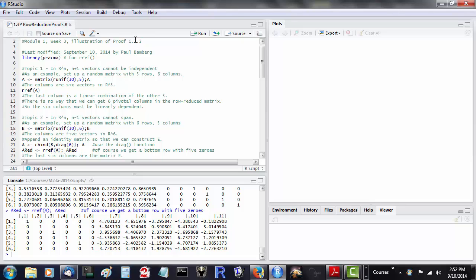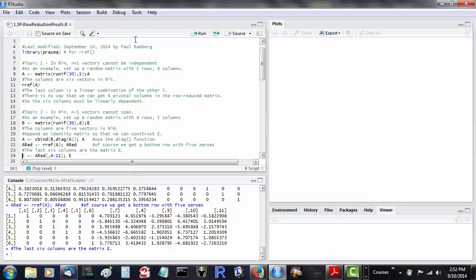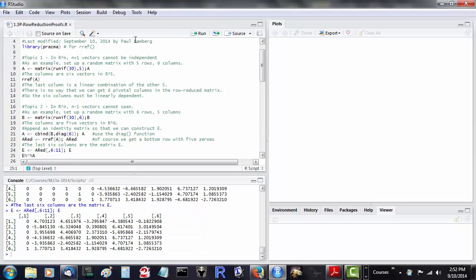Now, originally, columns 6 through 11 inclusive were the identity matrix, and therefore the last 6 columns in this case are our matrix E. By using comma 6:11, I can extract them, and there's my 6 by 6 matrix.